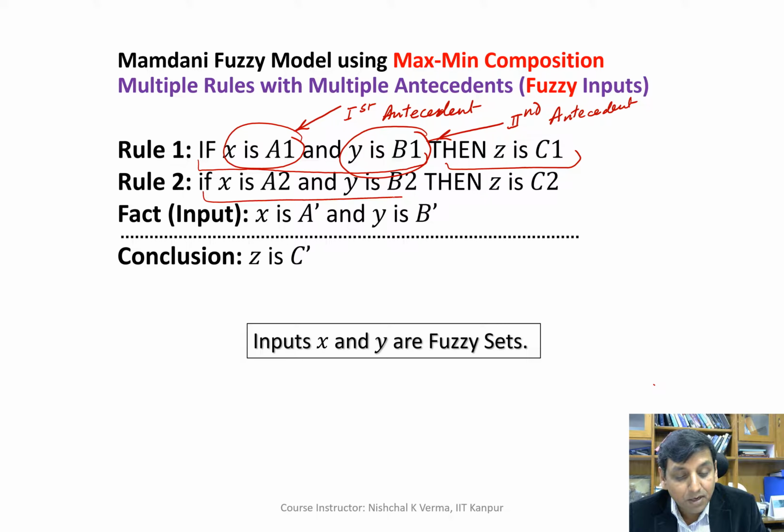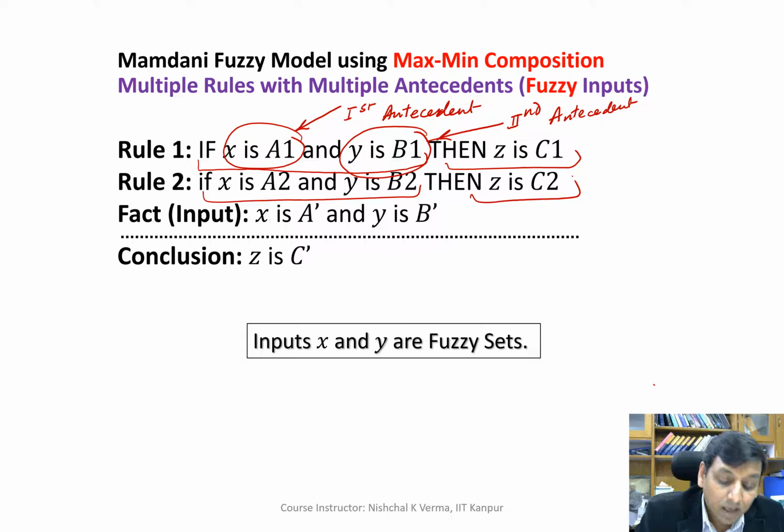Here also the premise part is fuzzy and the consequent part is also fuzzy. So both premise and consequent parts are designated by fuzzy values. Like here in this case, A1, B1, C1, A2, B2, C2 are fuzzy values.